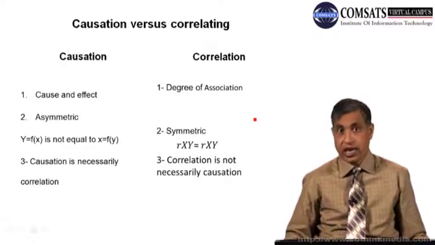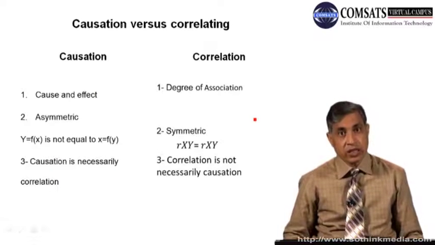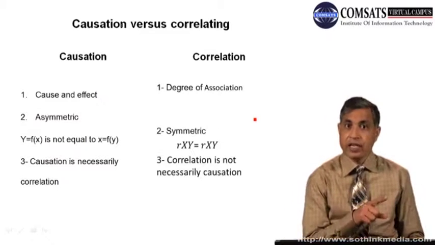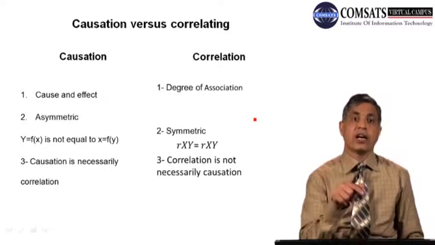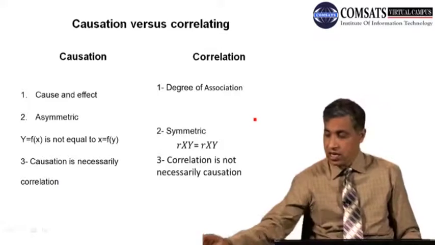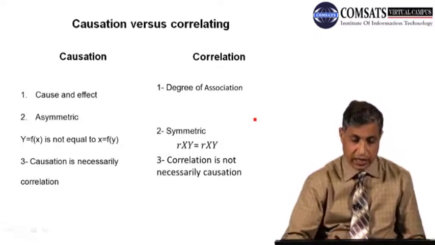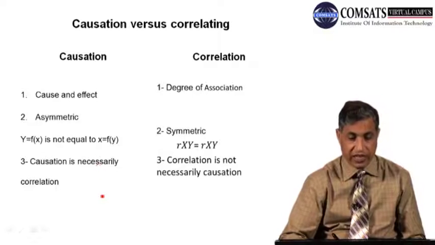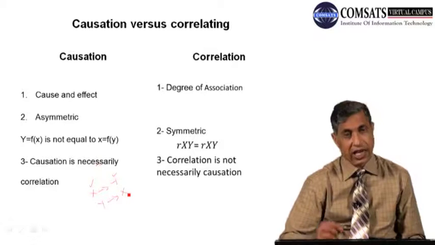Causation is something different. Causation means that there is cause and effect. One variable is causing the other and has an effect on the other variable. For example, if x causes y, it is not equal to y causing x.